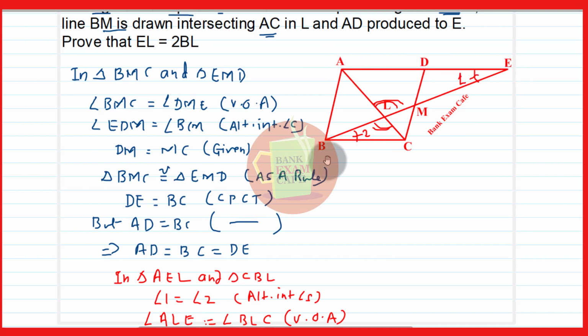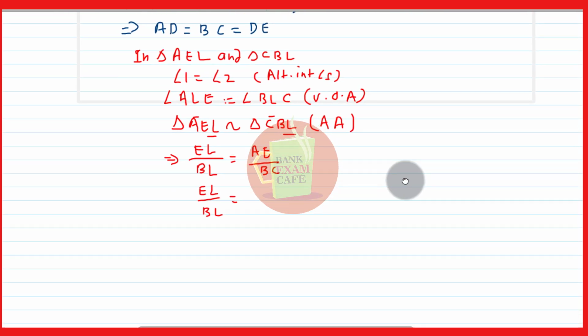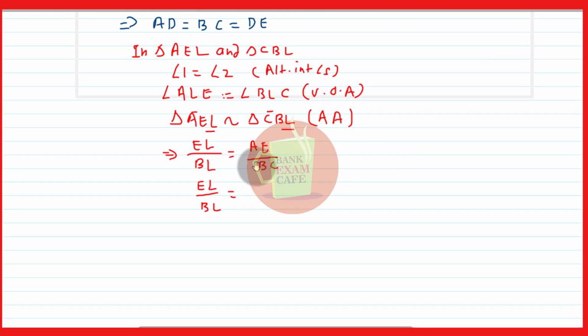But we know that AD and DE are equal to BC, correct? AD, BC and DE, all three are equal. Therefore, in place of AD and DE, we can write BC. So EL upon BL is equal to AD plus DE upon BC, and both are equal to BC.